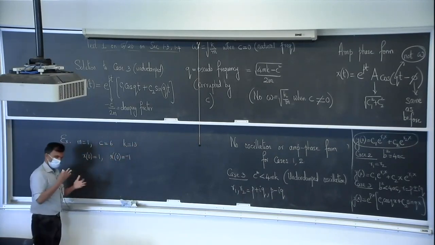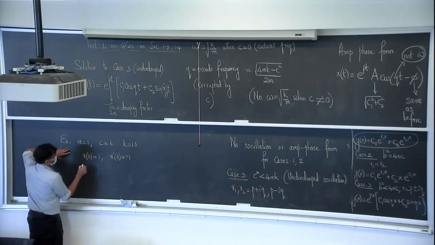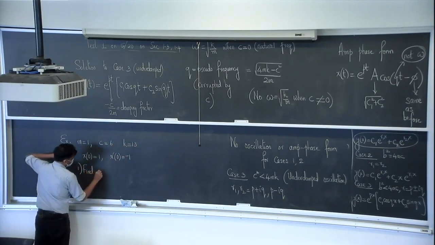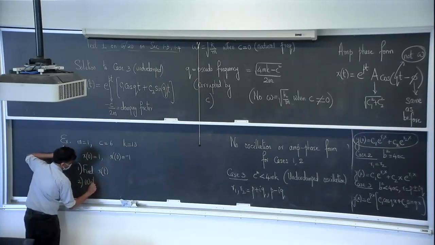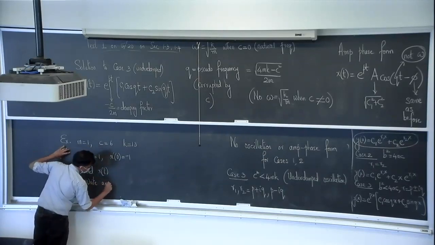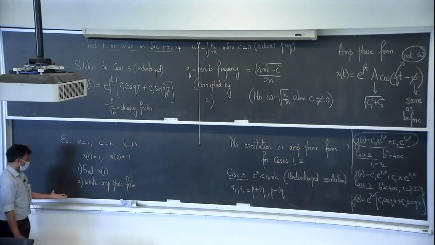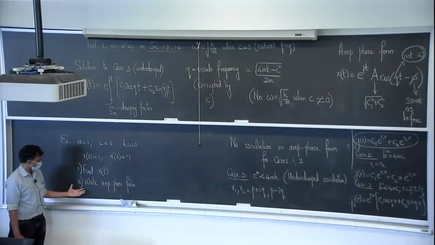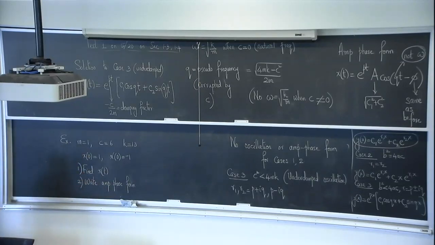Now that we are used to all the sign conventions, we could use both. Find x of t and write in the amplitude phase form. I hope it gives you enough hint that this is case 3, because I won't ask you this for cases 1 and 2. So we are expecting an underdamped oscillation.